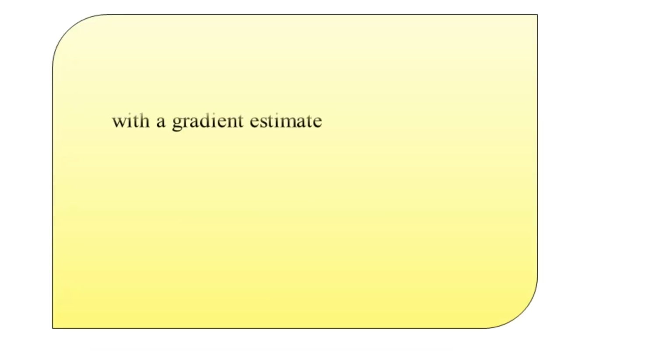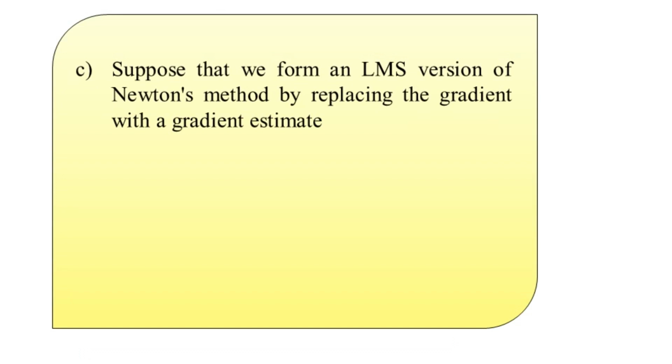Next, in part C, we have to make one more consideration: suppose we form an LMS version of the Newton's method by replacing the gradient with a gradient estimate. The estimate is shown with a cap over the del of xi of n, that is equal to del e square of n.